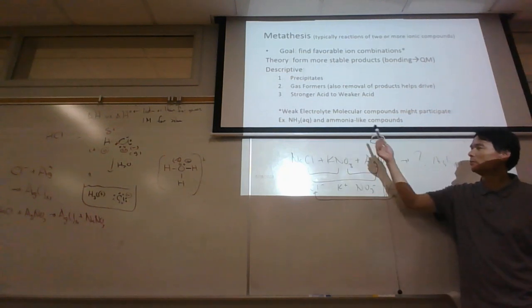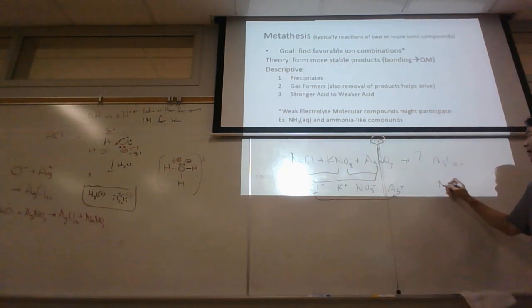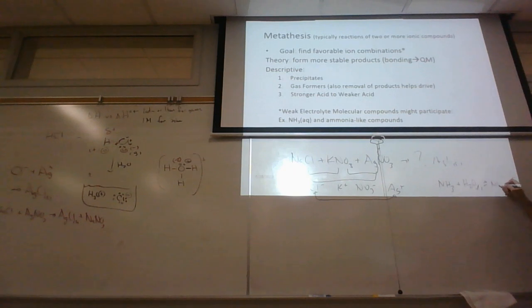And so what happens with ammonia is it weakly hydrolyzes water. That is, it reacts with water to break it apart to form ammonium ions and hydroxide ions. Since it's weak, this is favored in the reverse direction, and so it's mainly ammonia and water. But there are small amounts of ions. These small amounts of ions can react in metathesis.